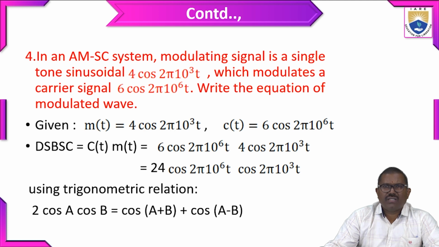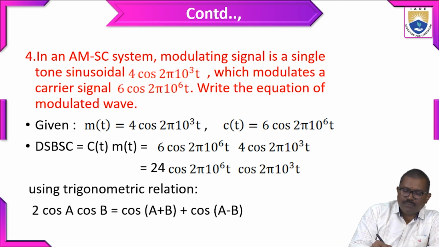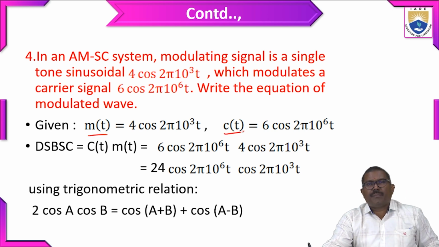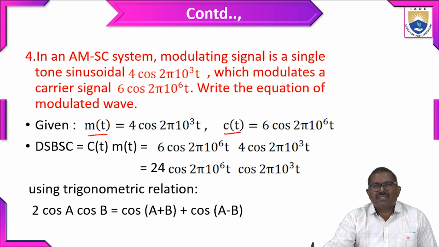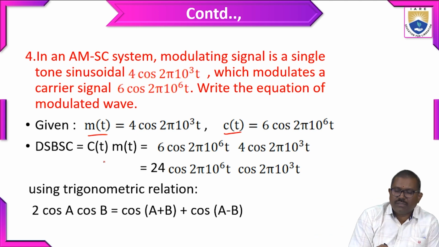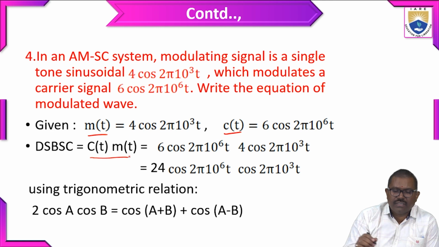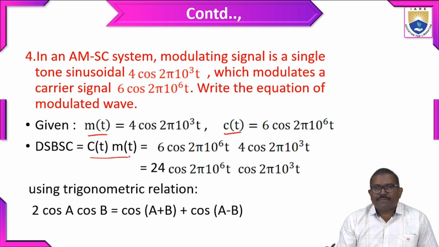Write the equation of the modulated wave. So here they have given m(t) and c(t). m(t) is the message signal, c(t) is the carrier signal. DSB-SC is just multiplying the carrier signal with the message signal, so c(t) times m(t).